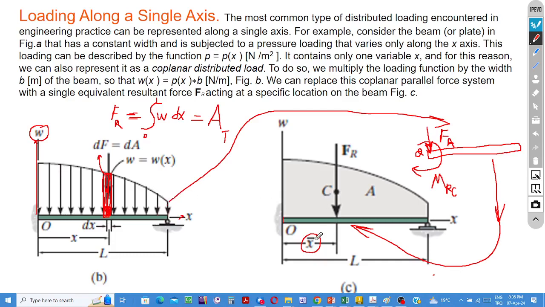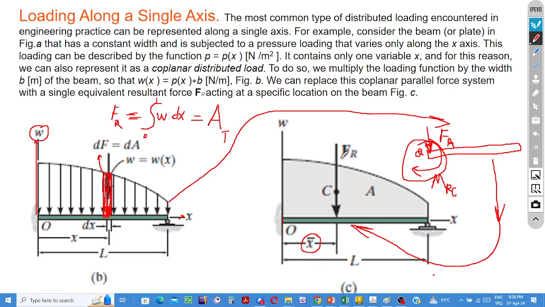To be able to find the coordinate for the line of action of the resultant force, the equation to satisfy is that the resultant couple moment must be equal to the moment of the resultant force at its special location.